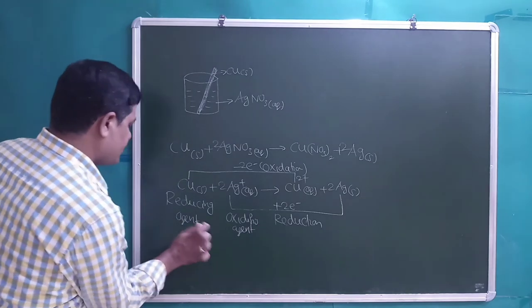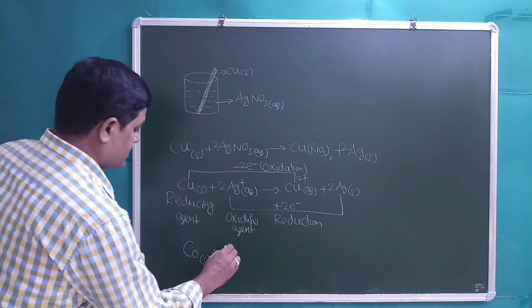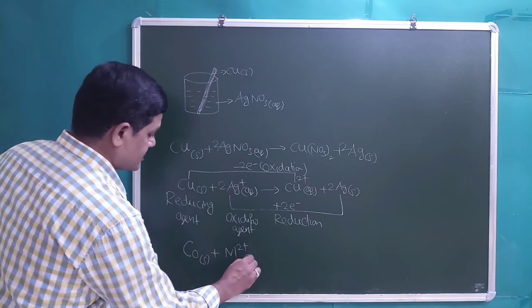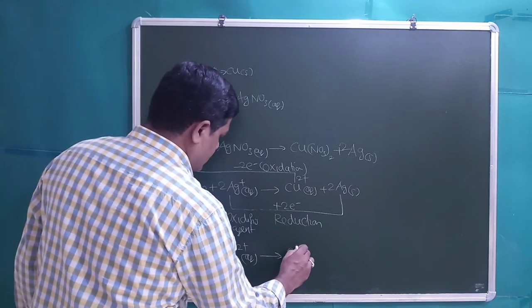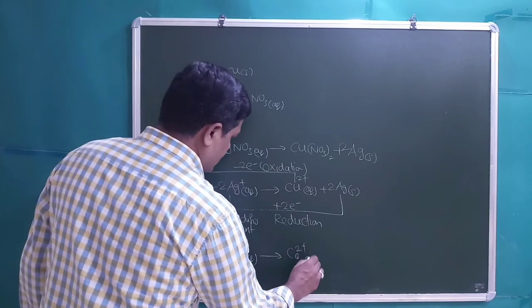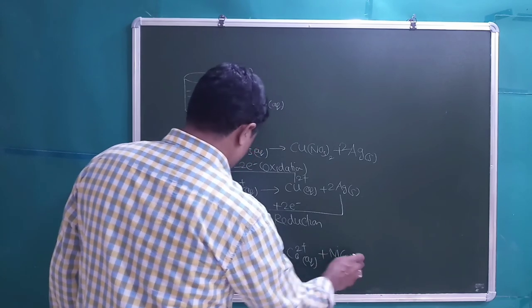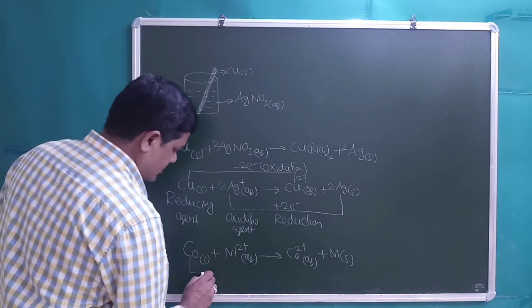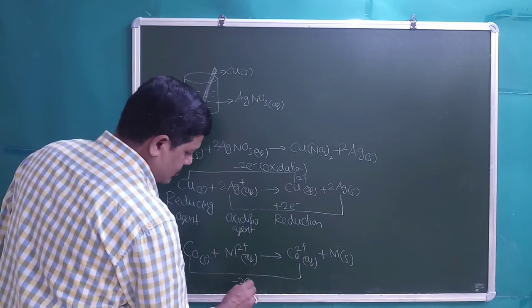Students, similarly, cobalt solid reacts with Ni2+ aqueous, and it will give Co2+ aqueous plus Ni solid. Here Co goes from 0 to +2, losing 2 electrons.